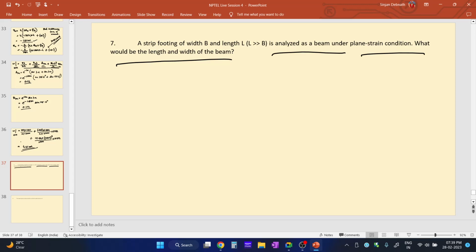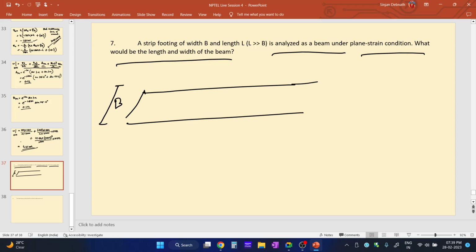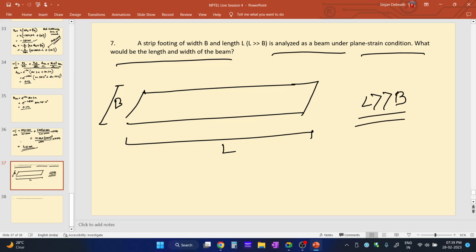So what is a strip footing? A strip footing is a very long footing. We know the breadth B, and the length is very long compared to its breadth. If you recall the last bearing capacity lectures, while we were calculating the bearing capacity of the strip footing, we were using per meter length.